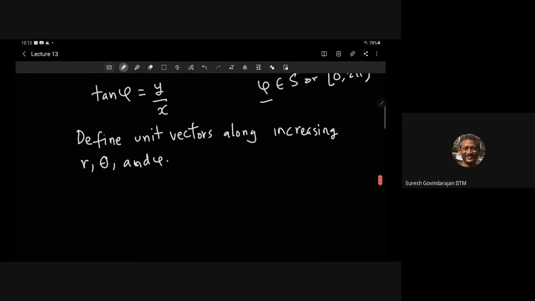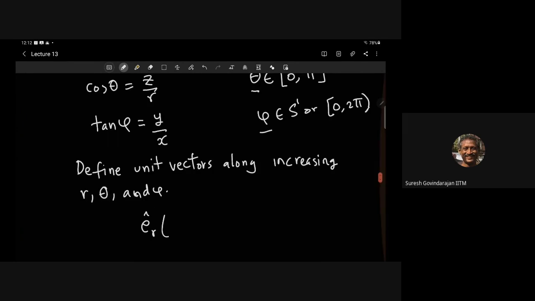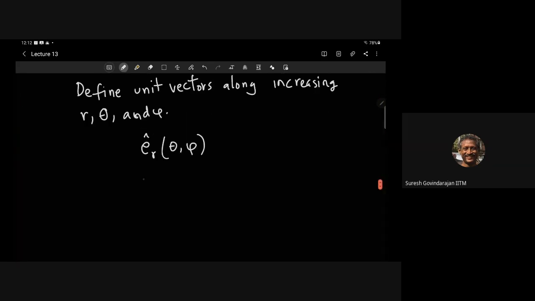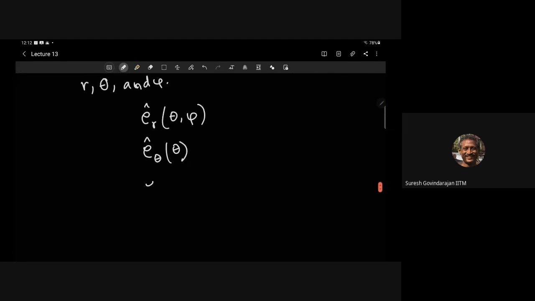We'll just call them E_R cap, and unlike Cartesian unit vectors, these change from point to point, and they depend on theta and phi here. E theta depends only on theta, is independent of phi, and E phi cap is only a function of phi. These are things you can prove.